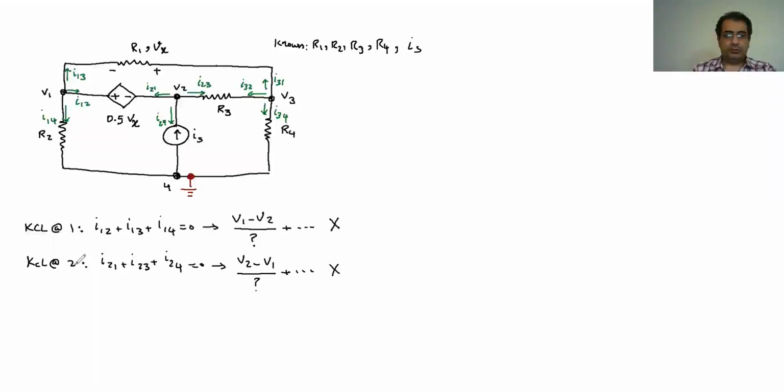To get around that, that's how you get the supernode. I have to define a supernode that basically wraps these two, V1 and V2, or in other words, wraps around the battery, so I don't need to deal with the battery.